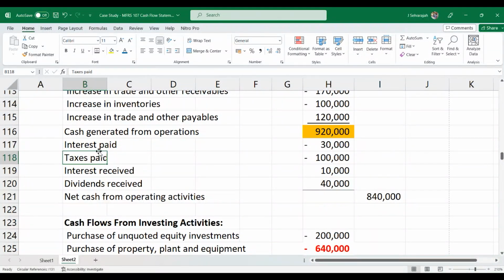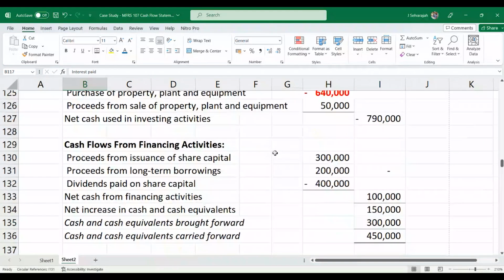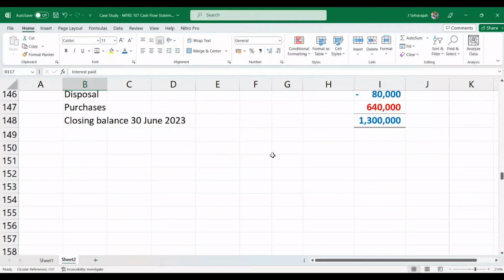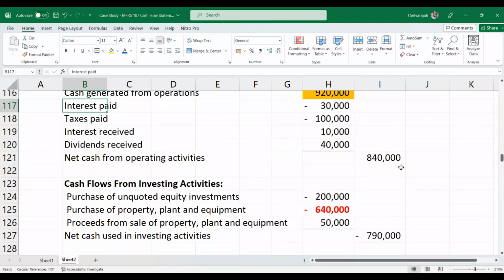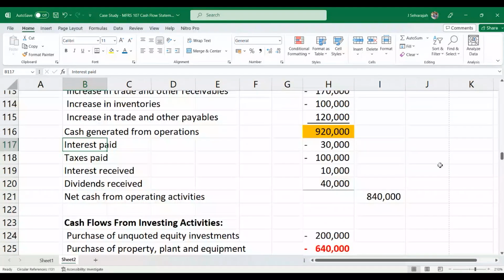And you're saying that the finance cost adjusted from the net profit is next to the tax paid here. This is the tax paid, and that's the interest, 30,000, 30,000 and 10,000.